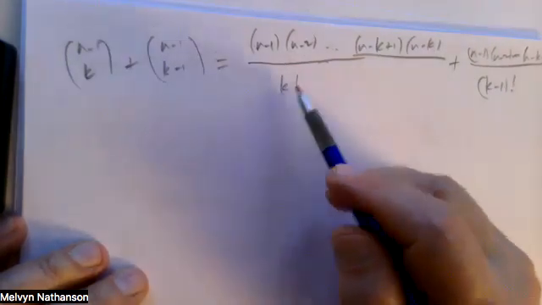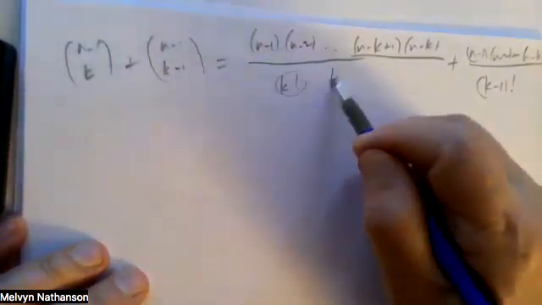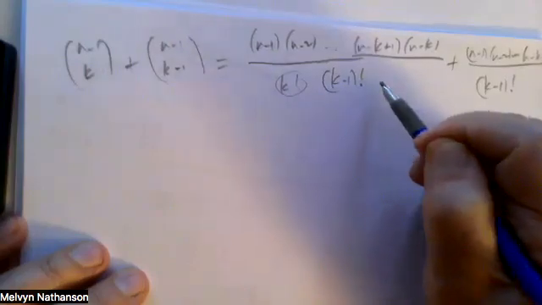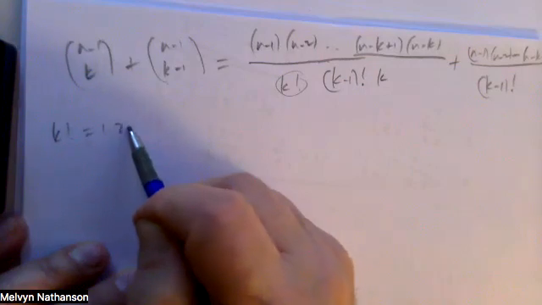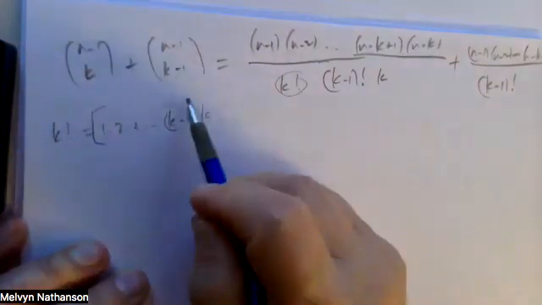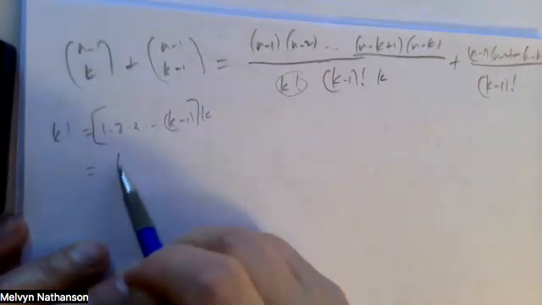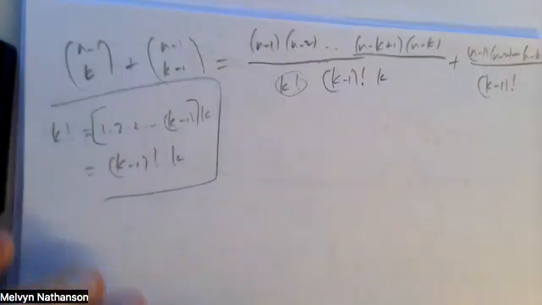And k factorial is the product of all the numbers up to k. This is the same as k minus 1 factorial times k, right? k factorial is 1 times 2 times 3, up to k minus 1 times k.